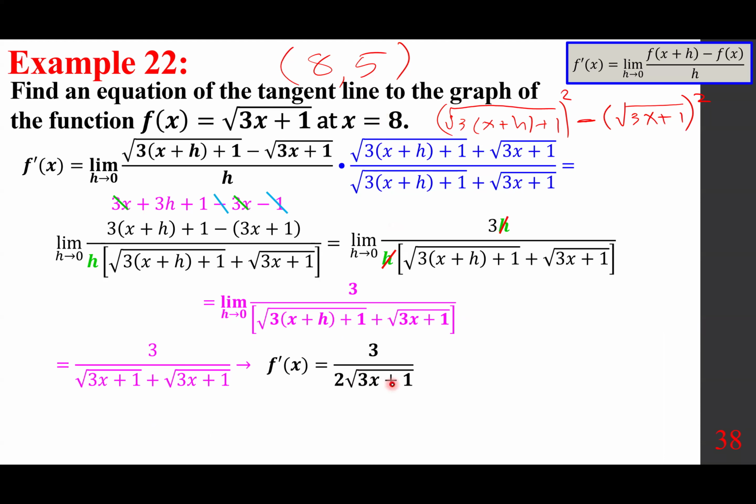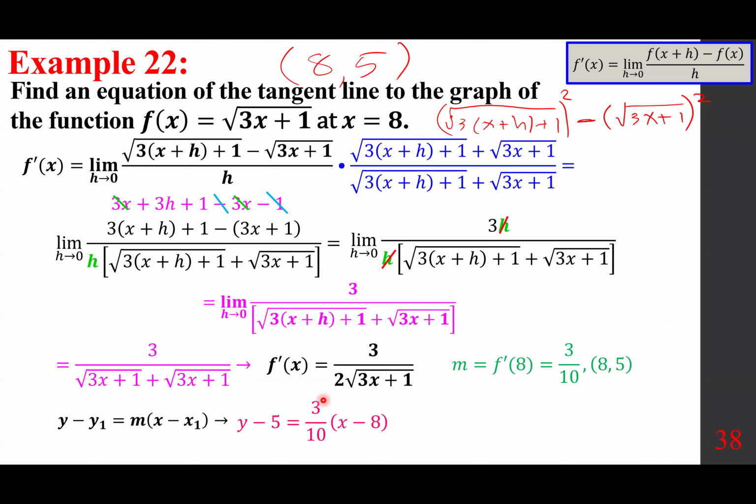So this is 5, 3 over 2 times 5. m is f prime of 8, which is 3 over 10, and the point is 8 comma 5. y minus y1 equals m times x minus x1. So y minus 5 is 3/10 times x minus 8.